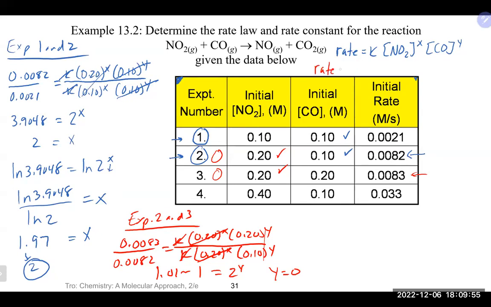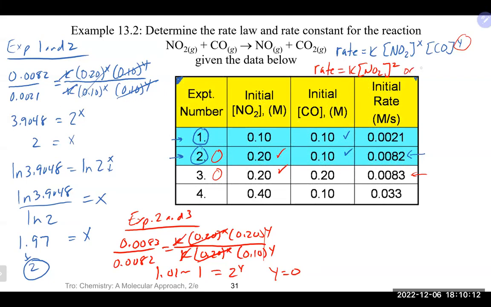So our rate law would actually be K, NO2 to the second order. And really, because this guy is 0, you could either put it in, and you do need to make sure you put the 0, or you can just leave it out.